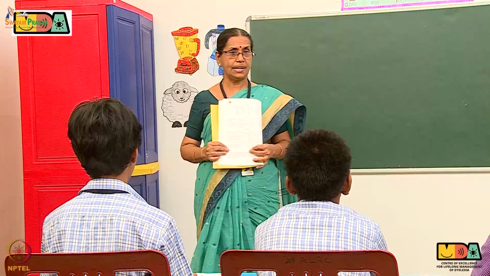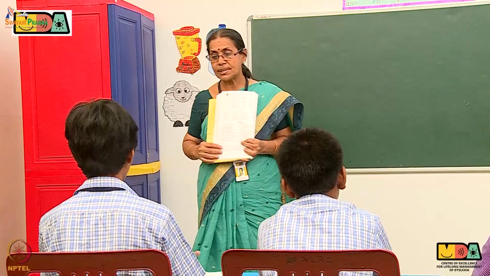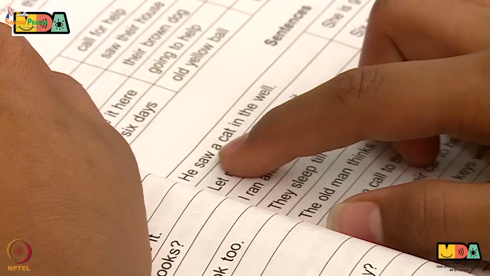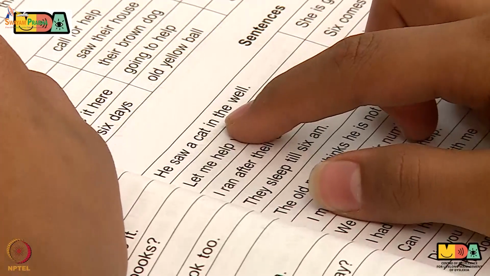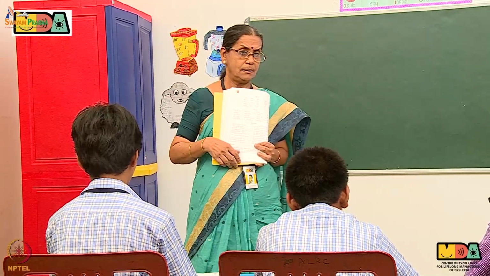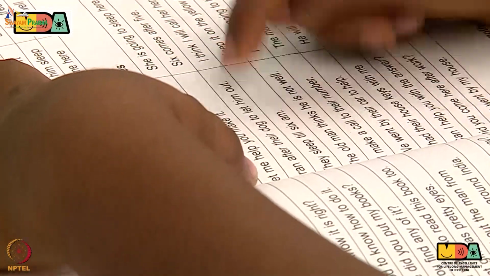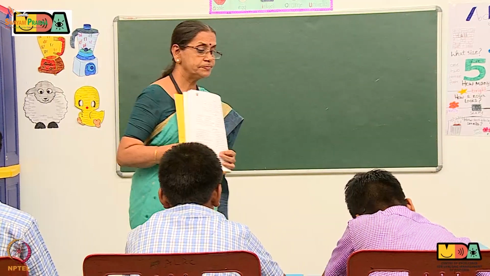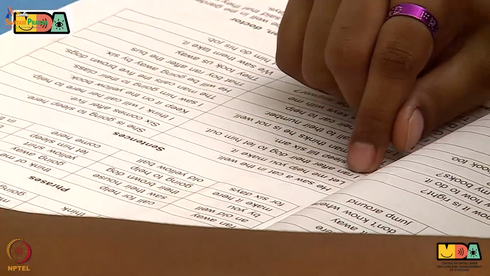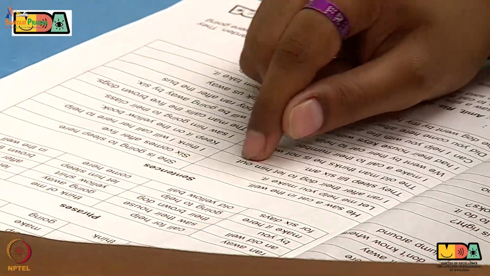Now you are going to read one after another. Start. You start. First sentence. He saw a cat in a well. Next. Let me help you make it. Next. I ran after their dog to let him out.